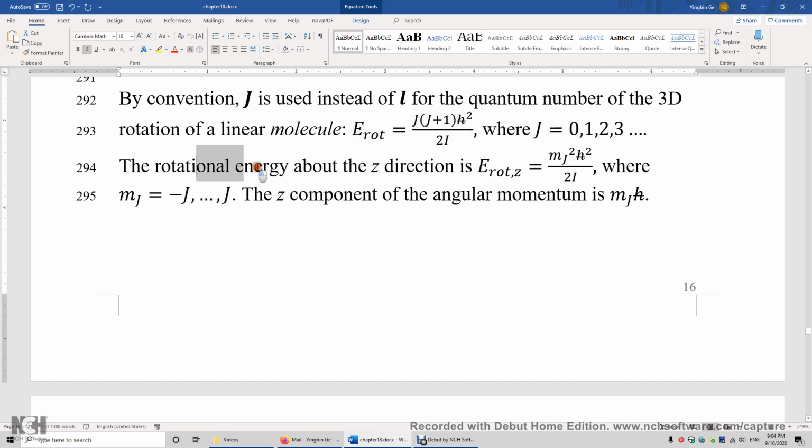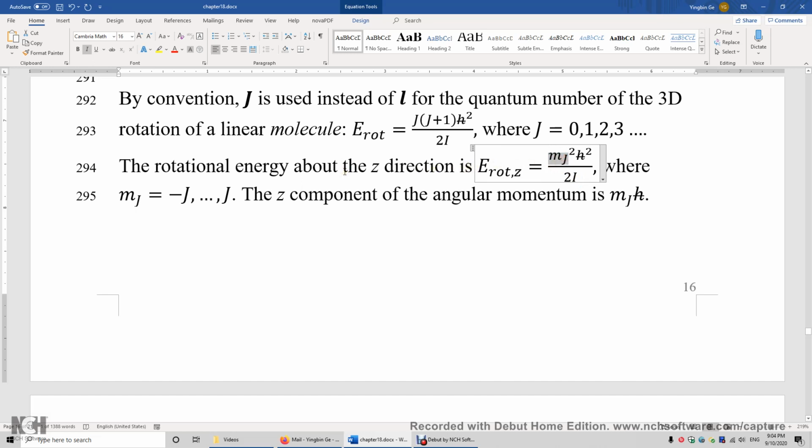About the rotation in the z direction. This means the rotation is about the z-axis. The rotational energy in the z direction is m sub j squared times h bar squared over 2I. Again, I is the moment of inertia. M sub j is a quantum number.